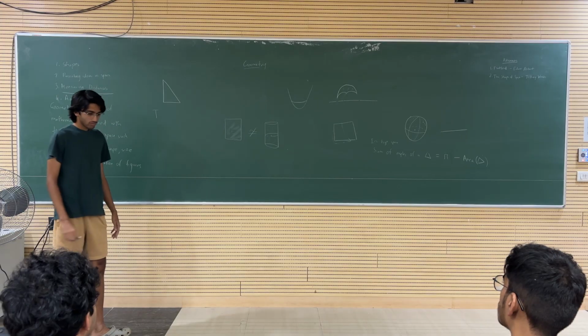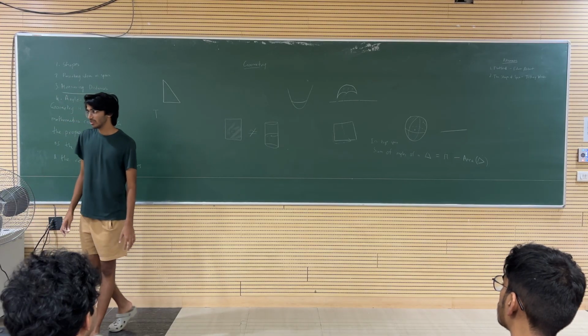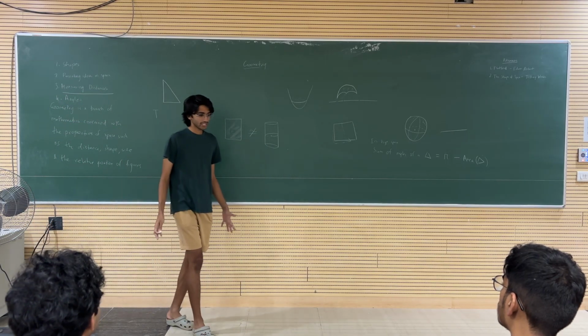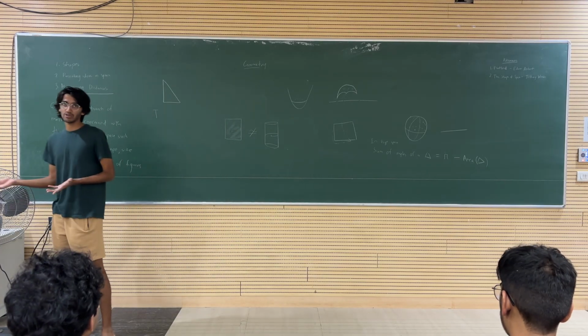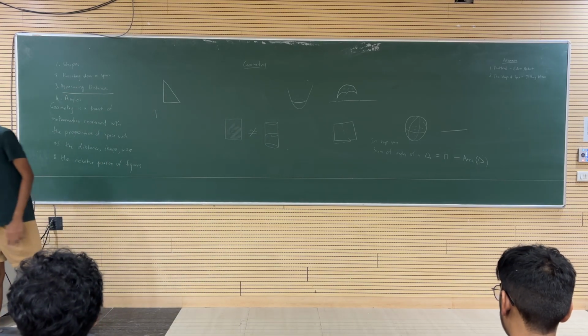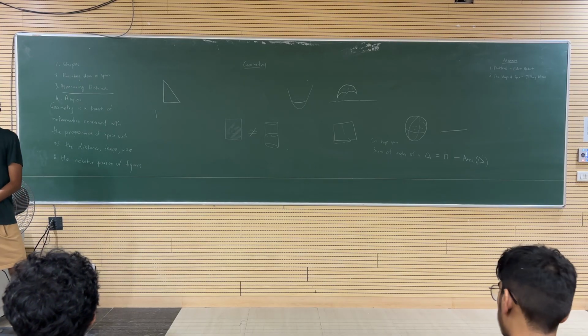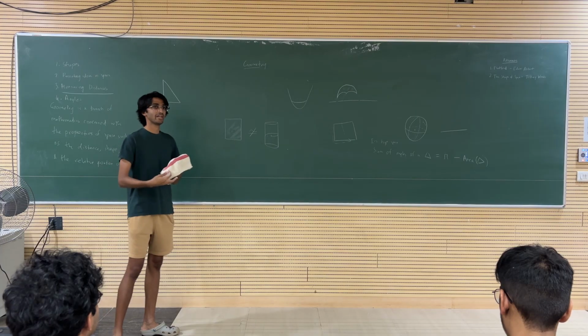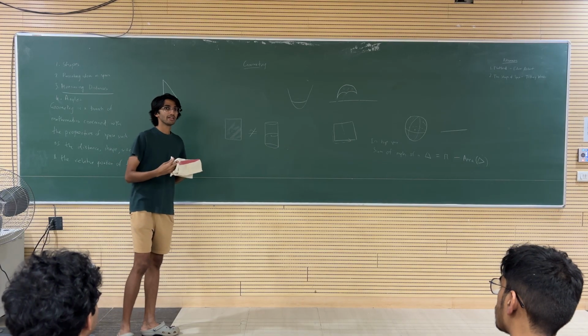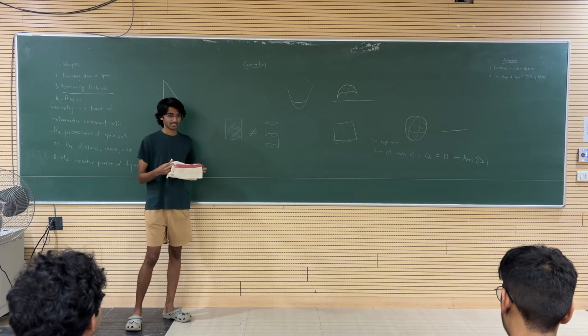And if I were to introduce topology to you, I would just say that for geometry you were considering like a paper or just this napkin and trying to see if you can bend it and make something else.